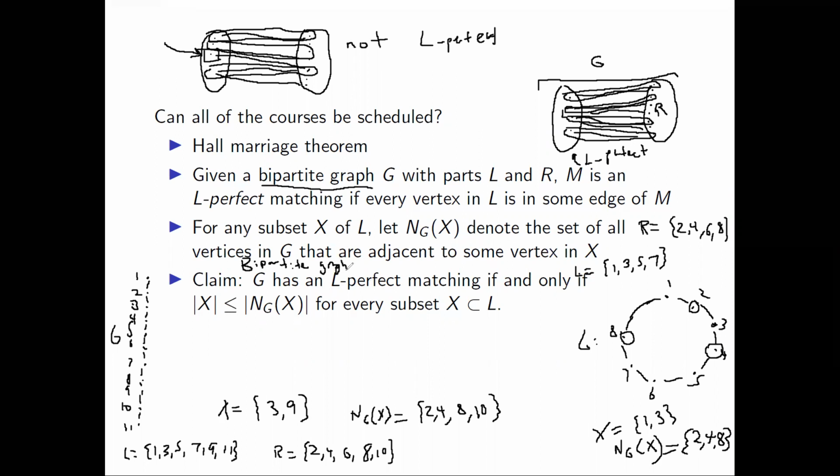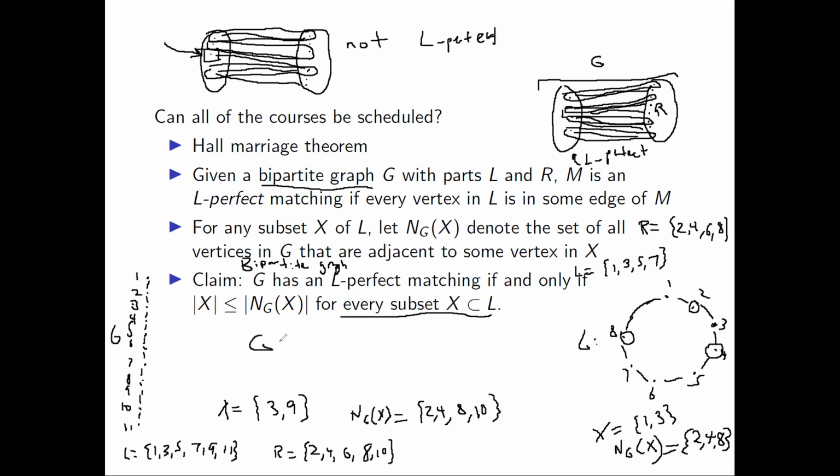So G has an L perfect matching if and only if the cardinality of X is less than or equal to the cardinality of N sub G of X for every subset X of L.